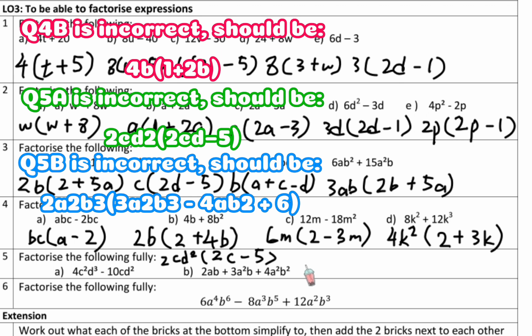For B, we can take AB bracket 2 plus 3a plus 4ab.